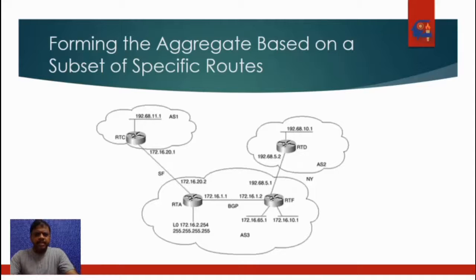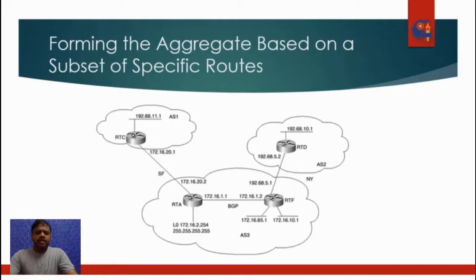The figure on the screen illustrates the network topology for the scenario which I am going to explain. In the figure, RTA and RTF are getting routes 192.68.11.0/24 and 192.68.10.0/24 from autonomous system 1 and autonomous system 2 respectively.